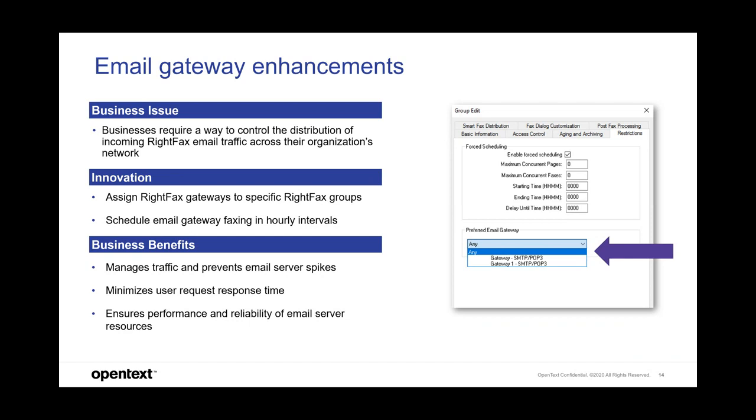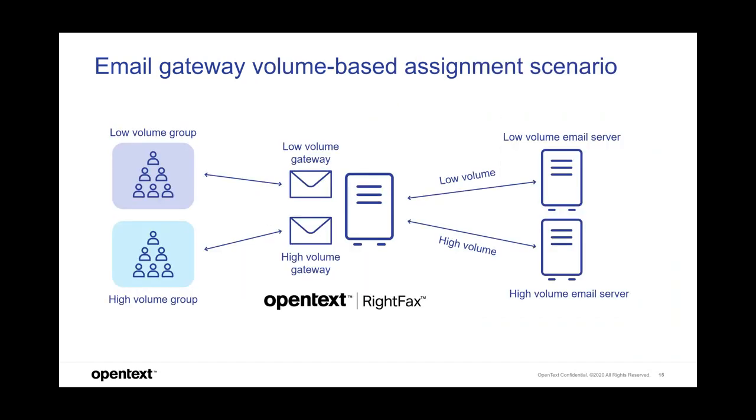So if we can show the next slide real quick, imagine you have a high volume email server and a low volume email server, and you want to make sure that you send the high volume of fax messages to the appropriate email server. Whether that's the high volume or the low volume server is really up to you; I'm just pointing this out as an example.